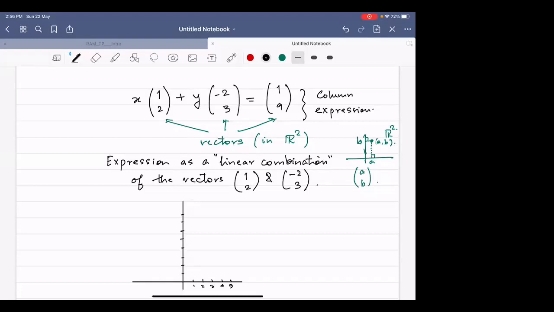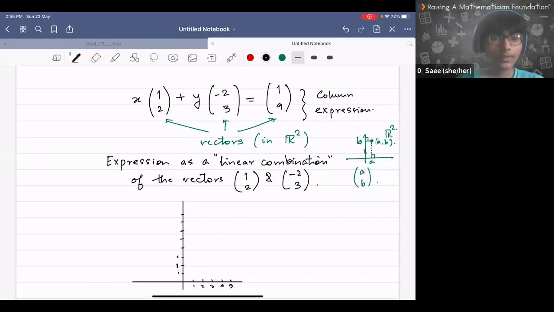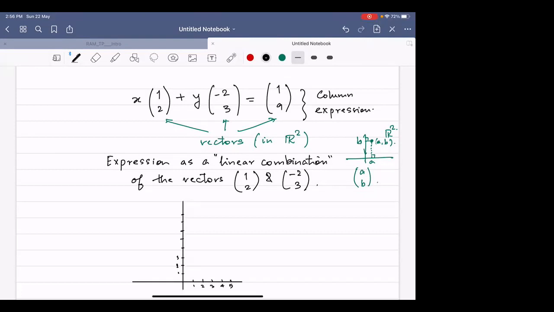Vector 1, 2 is nothing but one to the right and two up. Yes, so 1 to the right and 2 steps up, that's 1, 2, or the vector 1, 2.